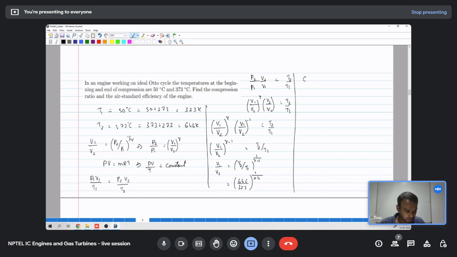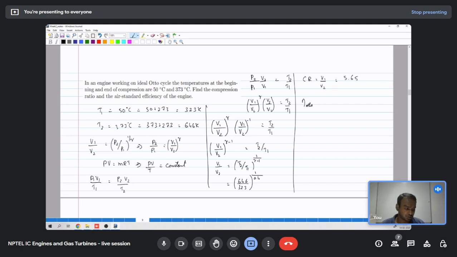So compression ratio is V1 by V2, which is 5.65. 5.65 is the compression ratio.